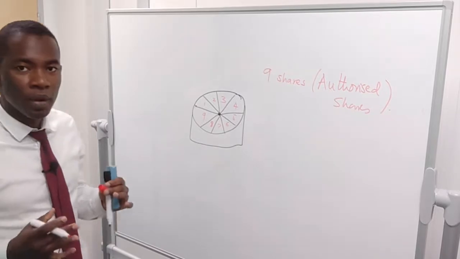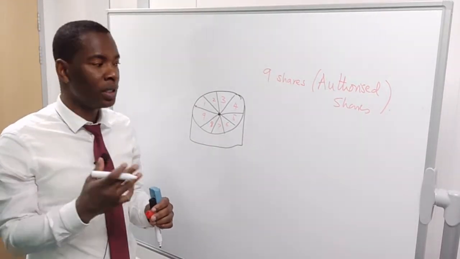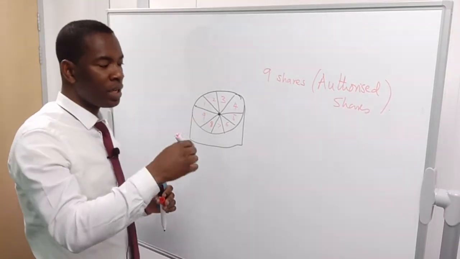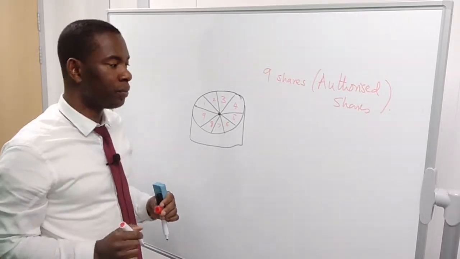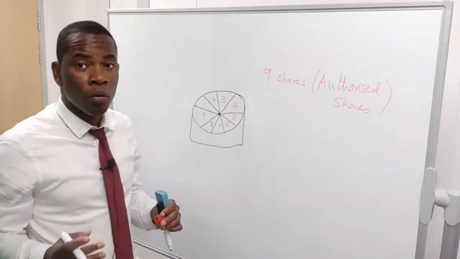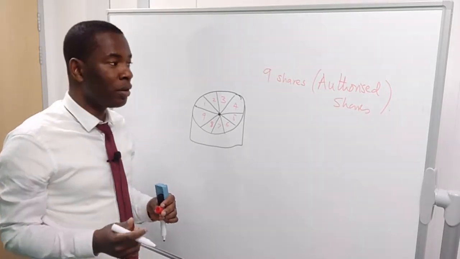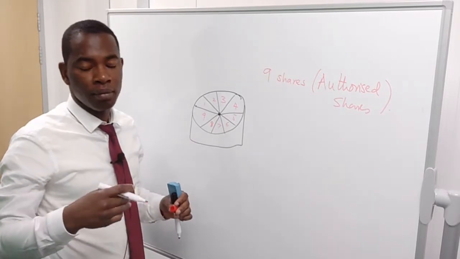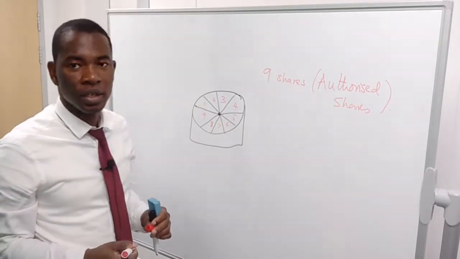So when you hear authorized shares, what it's trying to tell you is the number of shares the whole company has been divided into. Of course, when you have a very big company, you are going to be talking not just about 9 shares, but millions or possibly billions of shares.